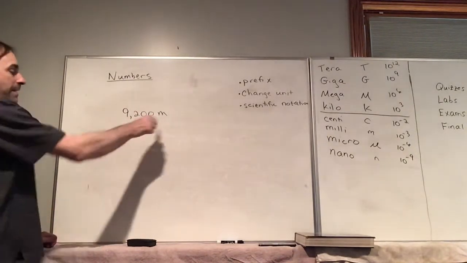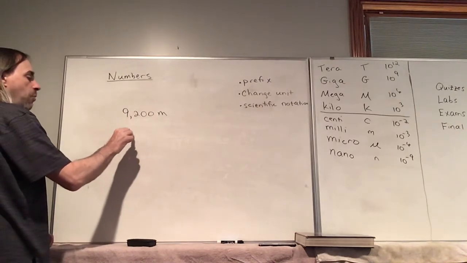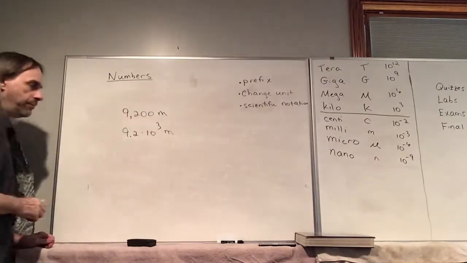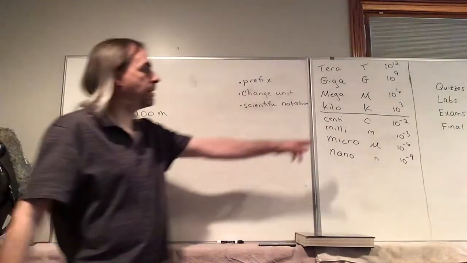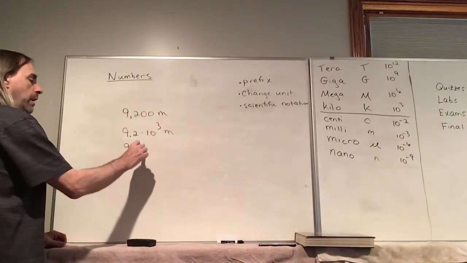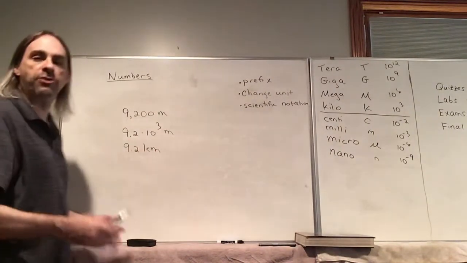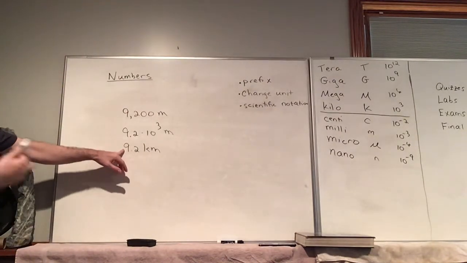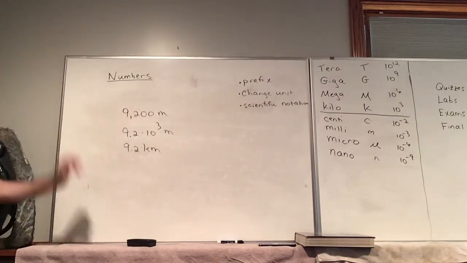We can write 9,200 as 9.2 times 10 to the 3rd power. And 10 to the 3rd, we can see, is kilo. So this would be 9.2 kilometers, which we just shorten that word to kilometers. So again, that's a much easier thing to read than this.